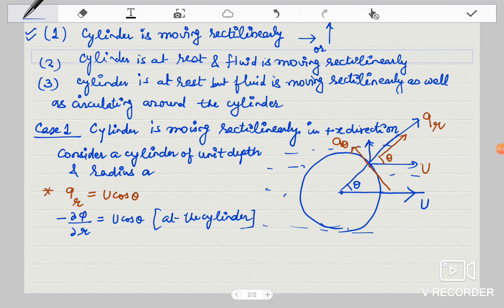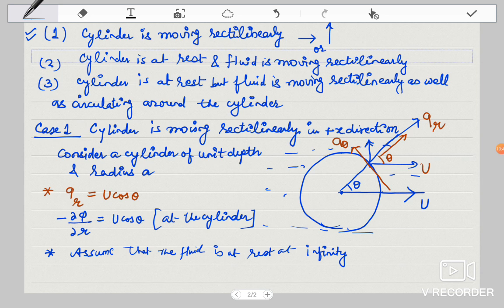Now in this case, it is assumed, this is the first point, that the fluid is at rest at infinity.